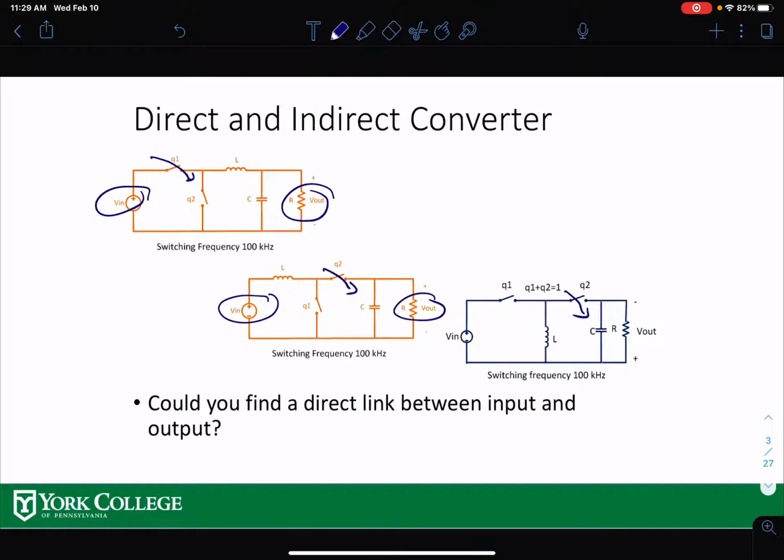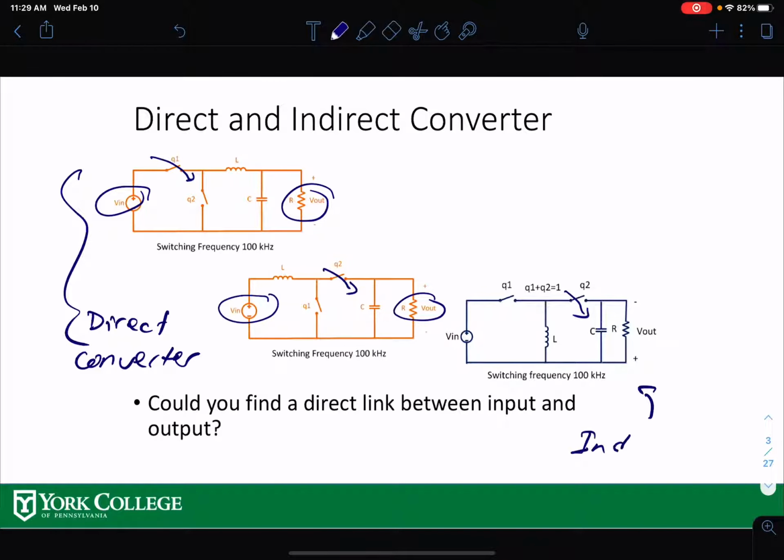If they are not connected through a switch, it's called an indirect converter. So these two are direct converters, and this one over here is an indirect converter. You cannot connect input and output by using a switch.